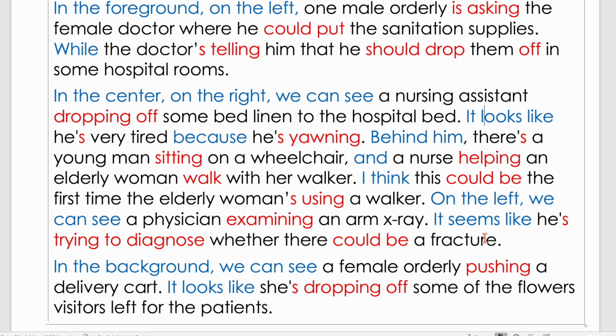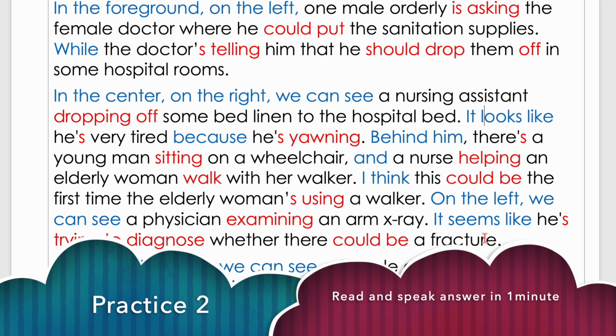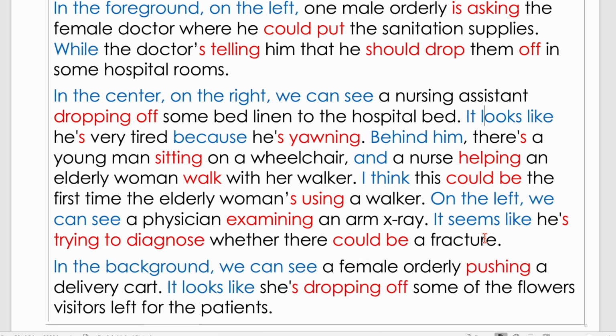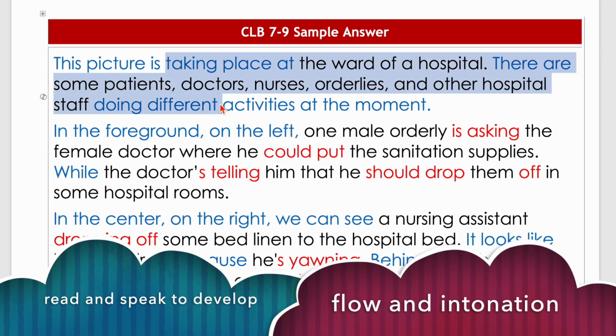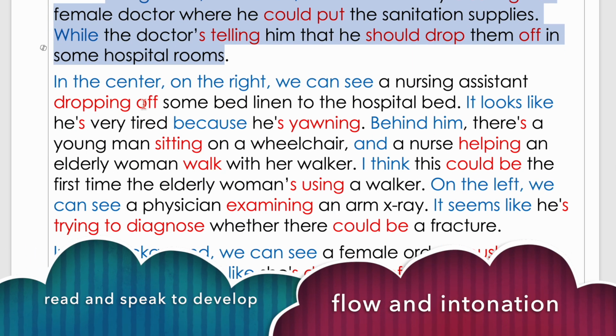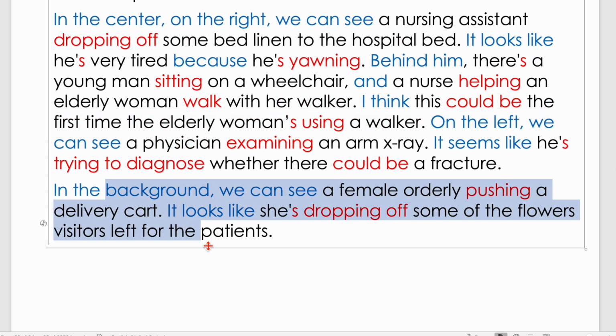Then after that, everyone, we need to read and speak the answer in 1 minute, like I did, to practice flow and intonation, okay? The more that we read and speak this answer in 1 minute, the more that we will improve our flow and intonation, okay?